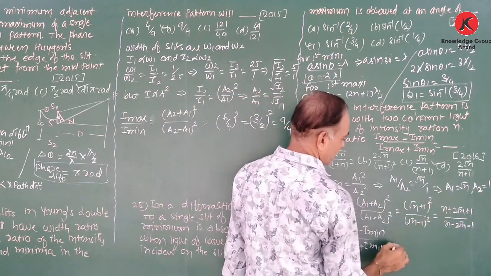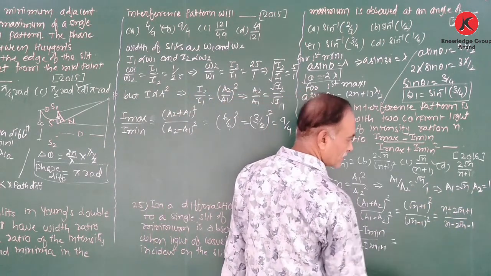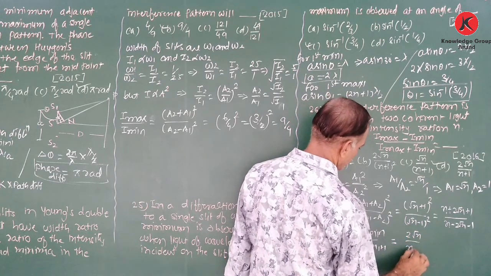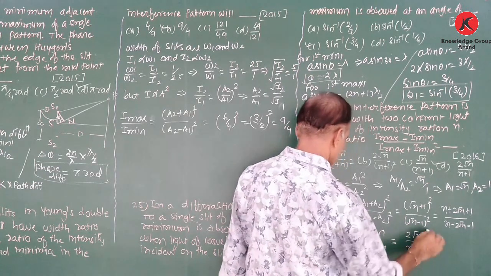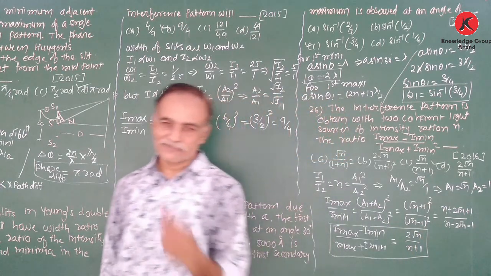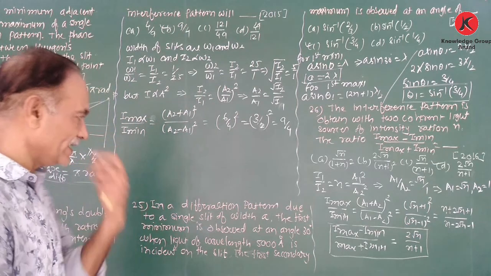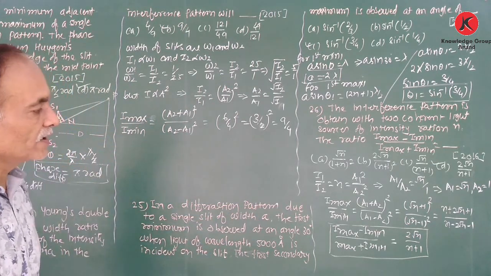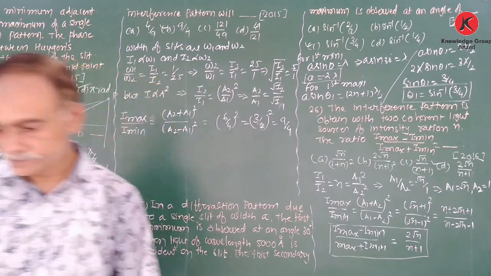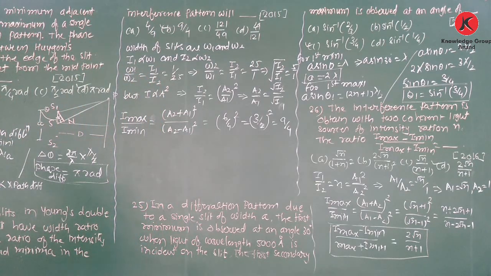So as we take the addition and subtraction, in the numerator we obtain 2 root n and in the denominator n plus 1. So that is our answer. That is totally mathematical. We have to simplify it. We obtain the answer, 2 root n upon n plus 1.